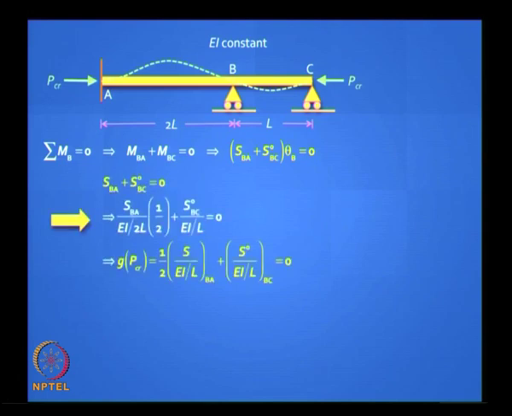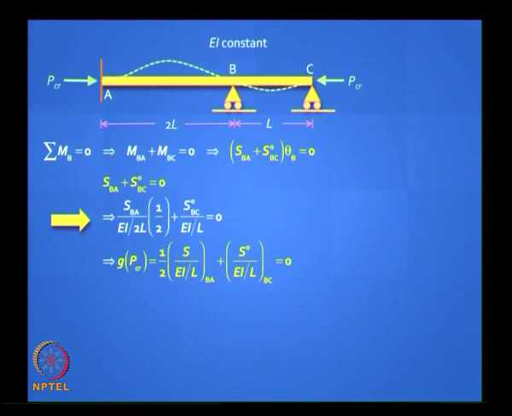Somehow you have to bring mu into the picture. If you divide throughout by EI by L, you can get a transcendental equation in terms of P critical. Does that make sense to you? I divide that equation by EI by L. I need to solve this equation.